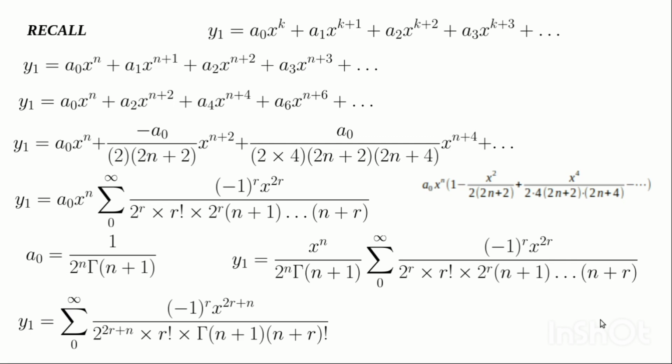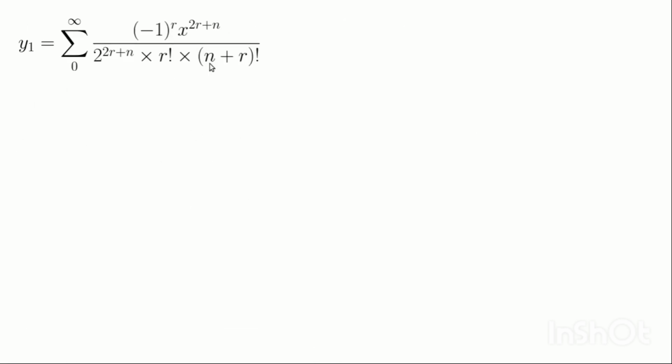But this one starts with n factorial because everything here is n factorial. And n factorial is the same thing as 1 times 2 times 3 times 4 down to n. So this one starts from 1 to n. This one starts from n plus 1 to n plus r. So the combination of this one will give us n plus r factorial. So that's how we have that expansion reducing to this term.